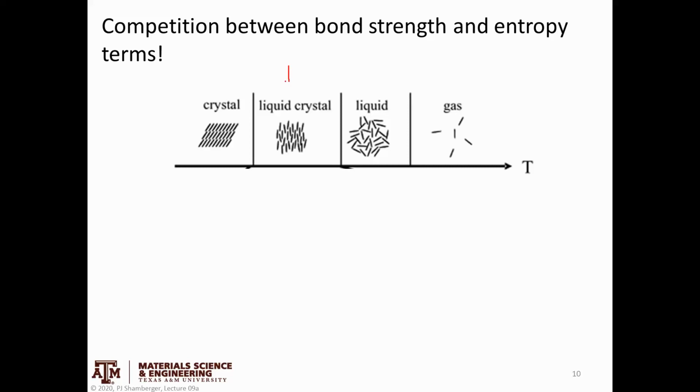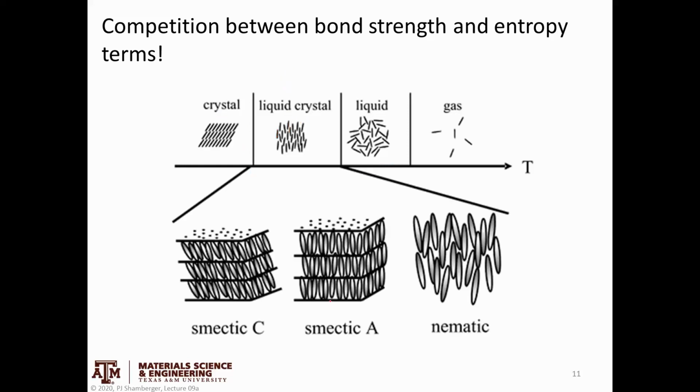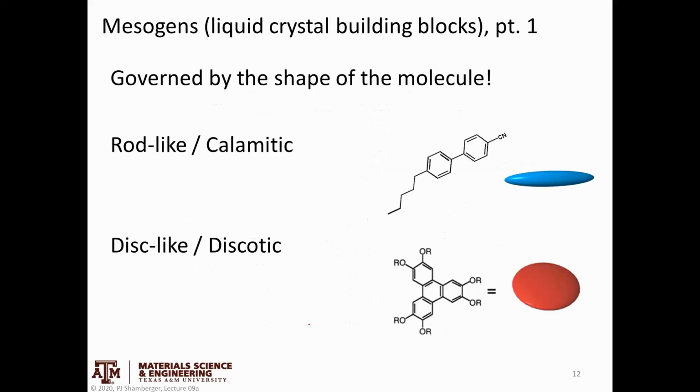Liquid crystals are somewhere in between liquids and crystals, so they have a little less disorder than liquids. In this particular case, things seem to be all relatively lined up in a particular direction, but they're not quite as ordered as a traditional crystal. Again, there are different kinds of liquid crystals, and we're going to talk about the differences between these types shortly.